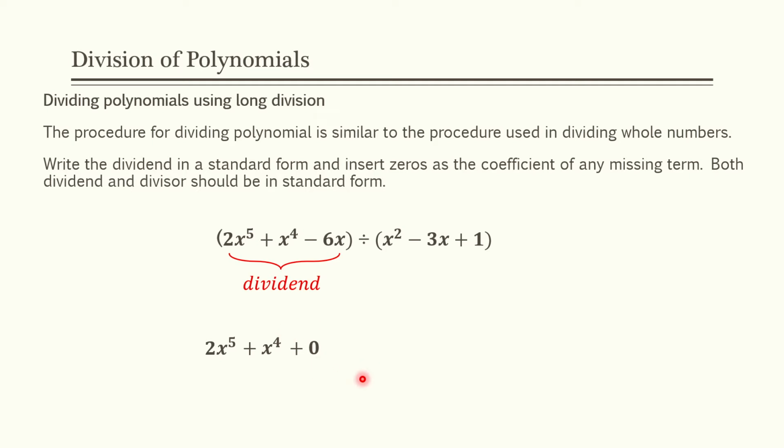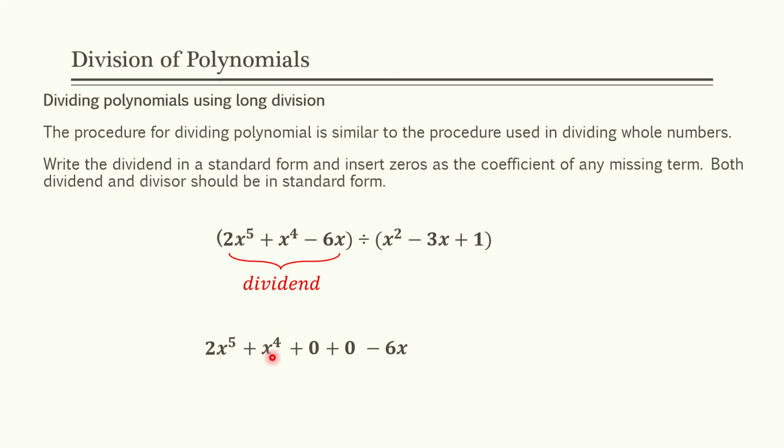Since wala dito, lagyan natin ng 0. And next sa x squared is minus 6x. Yung panghuli is constant. Since walang constant, okay lang. Ang importante sabi dito, coefficient of missing terms. Yung may coefficient, itong cube.